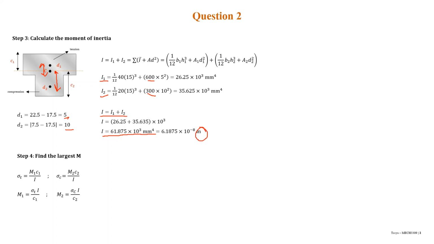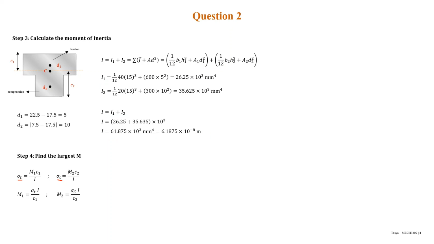The next is we have to find the largest M. We know that the basic formula is sigma equal to Mc over I. And here, since the known values in the question are sigma t and sigma c, meaning that we have to determine which figure is experiencing tension and which figure is experiencing compression. So let me erase this first.